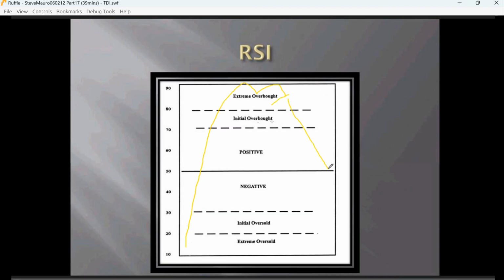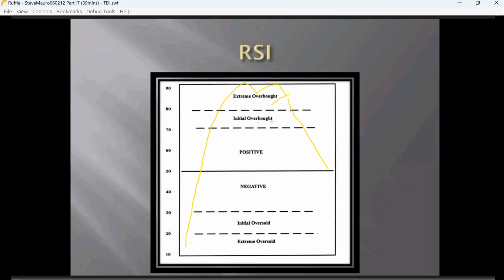Why? Because it takes about 2.5 to 3 days to get to the extreme on a 1-hour chart RSI. The RSI plots very nicely on the 4-hour chart and will help you determine extremes. Take a look at that stuff.